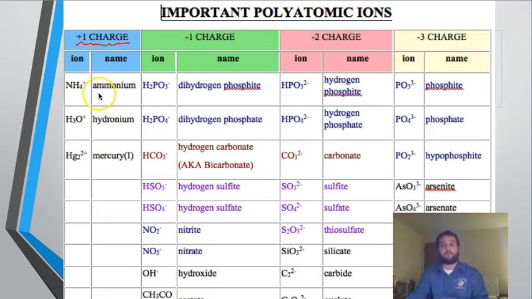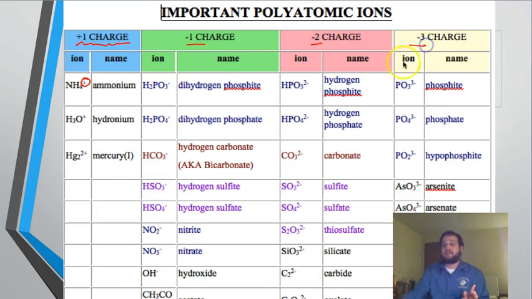So for example, ammonium has a +1 charge. It's a cation because it's positive. Okay. So it has a positive charge. These negative ions, -1, -2, -3, those guys are more common.